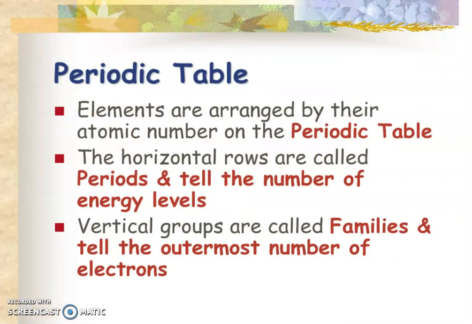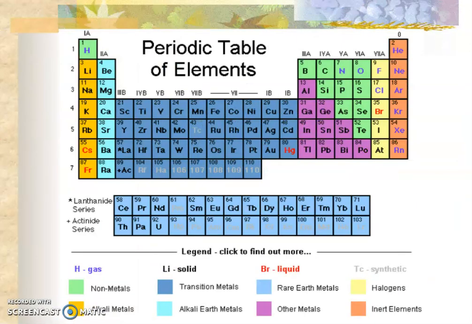You know, elements are arranged by their atomic number on the periodic table. The horizontal rows are called periods and tell the number of energy levels. Vertical groups are called families and tell the number of outermost electrons. So you can see the periodic table of elements.